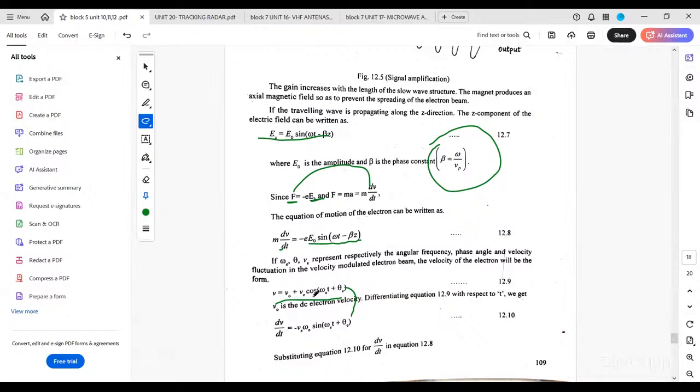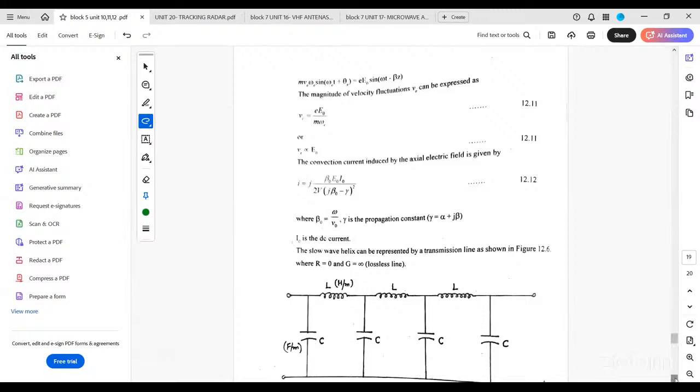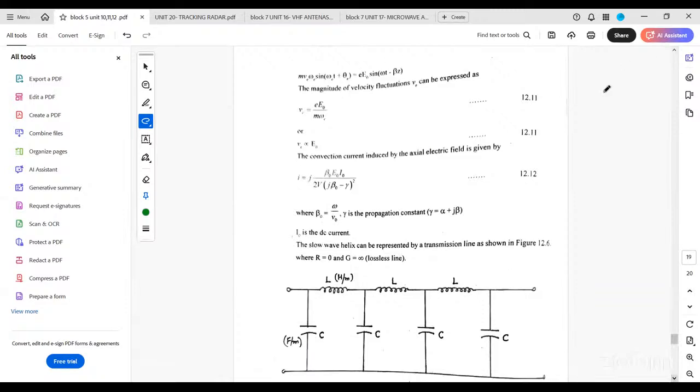First V naught term is 0. Only choosing which term? VE cos omega ET plus theta. For this I did differentiation, dV by dt. Again, after making dV by dt, where we had to substitute this one? In 12.8. After substituting in 12.8, directly current value is calculated.